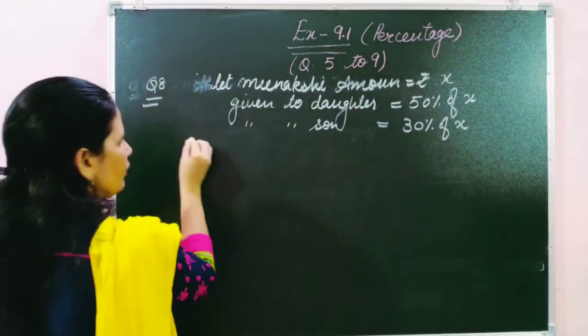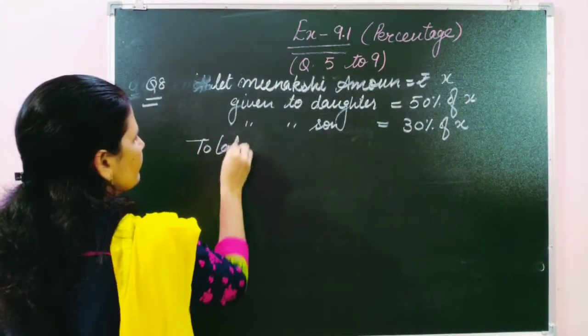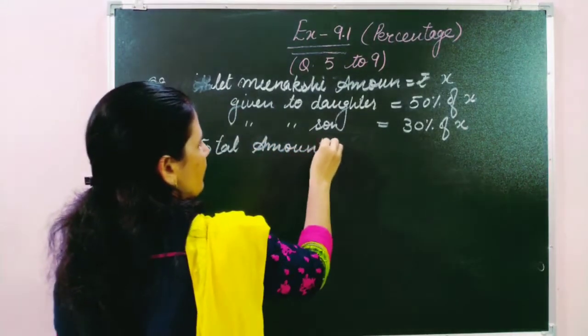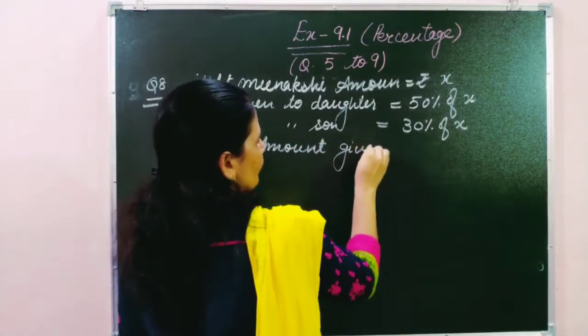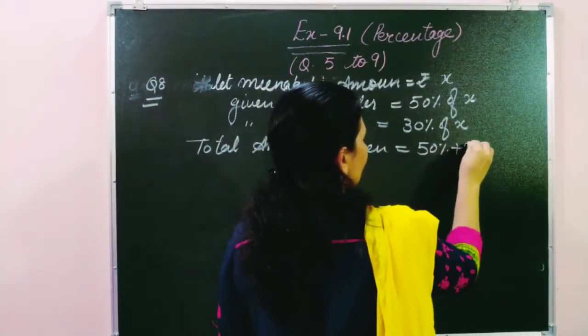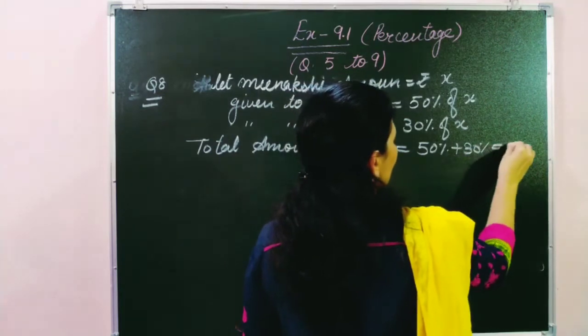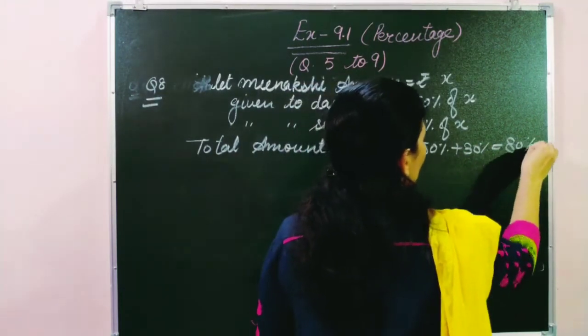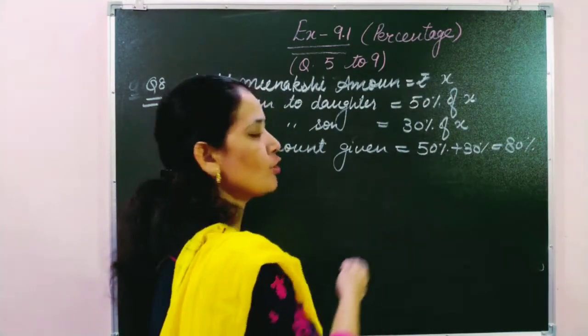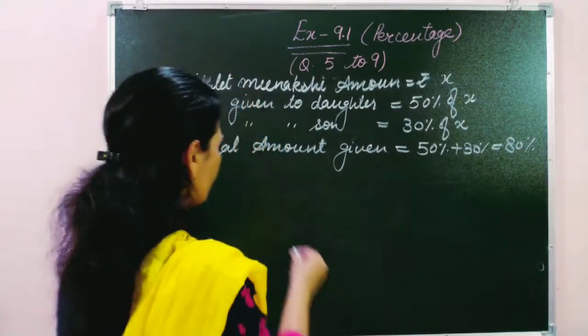So here we will total the amount given, that is 30% plus 50%. That means 80% of her amount was given to the son and daughter.